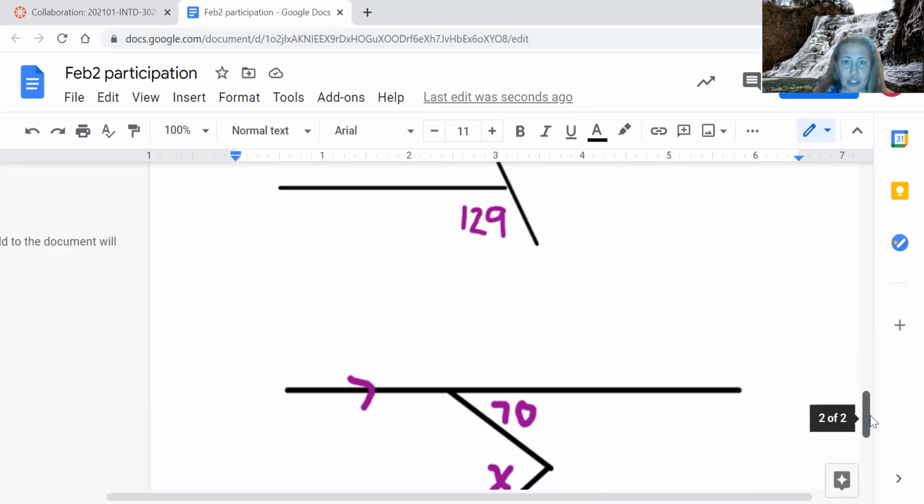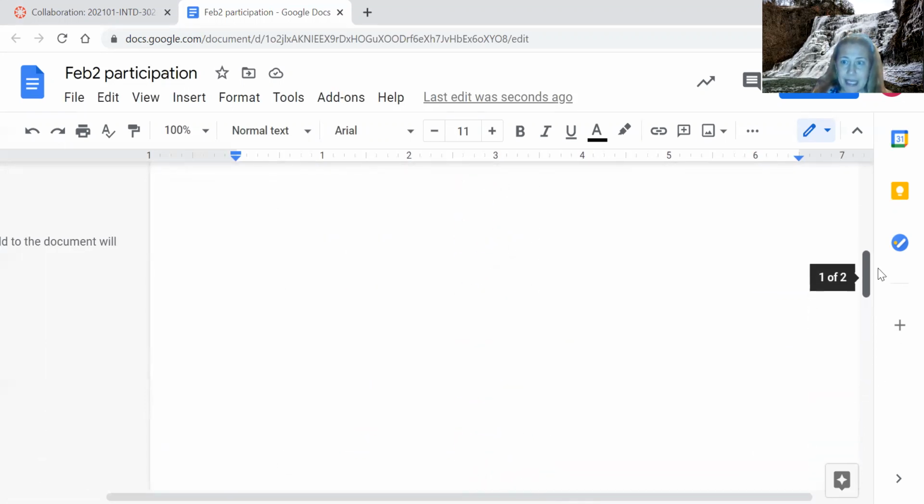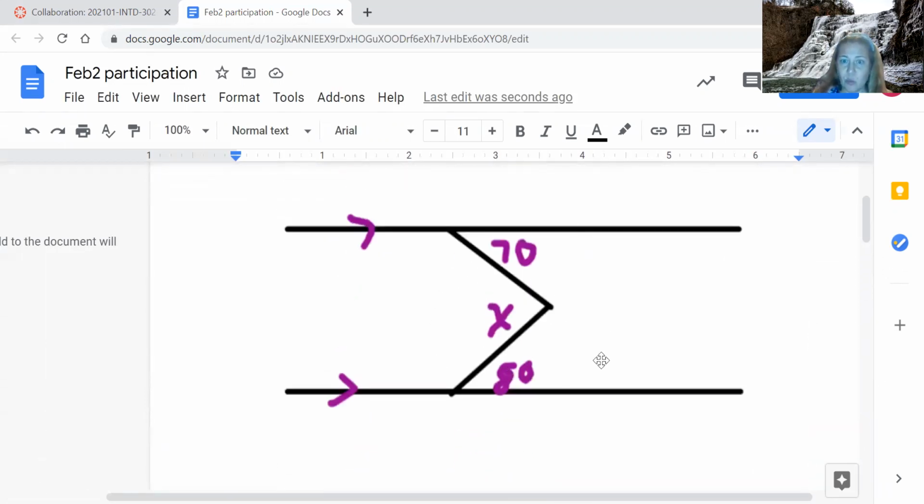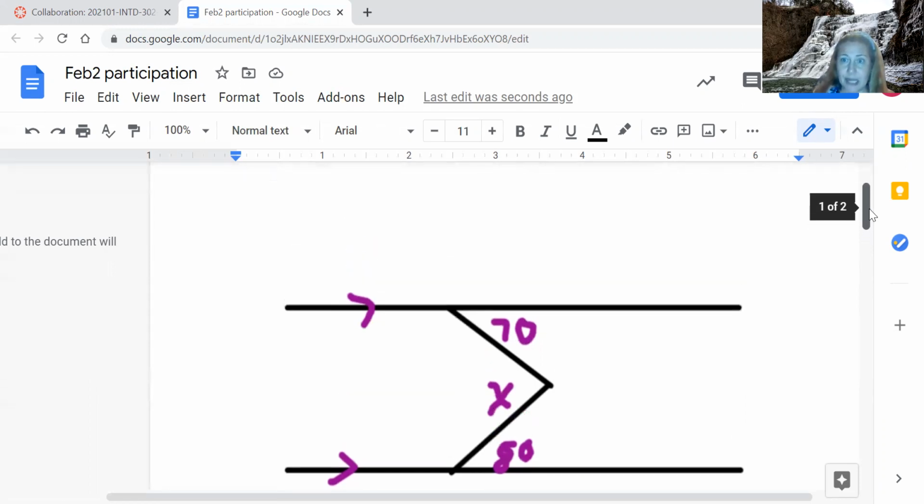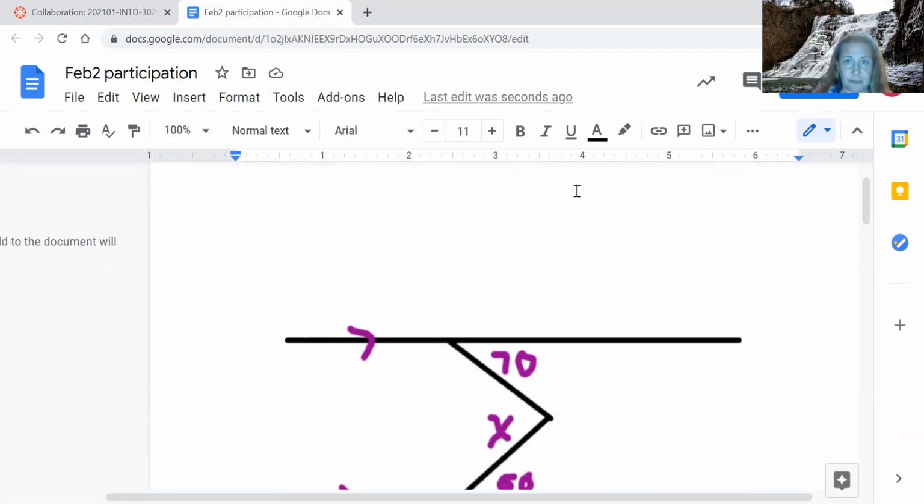So please remember to copy and paste so that there's always one blank drawing for the next person to copy and paste. And I'll compile all these drawings, and that will be part of our lesson plan for Thursday.